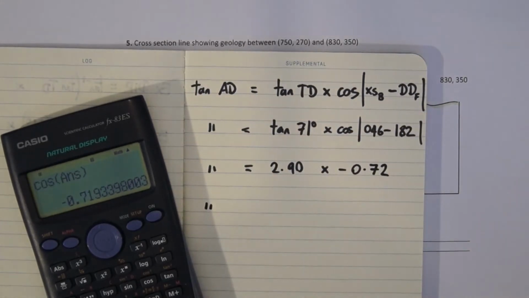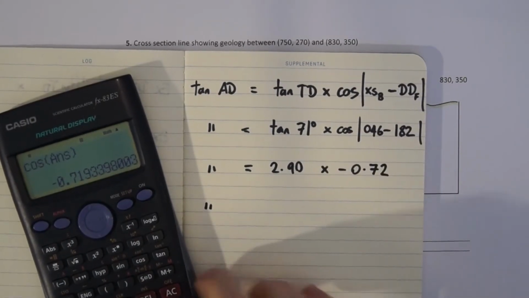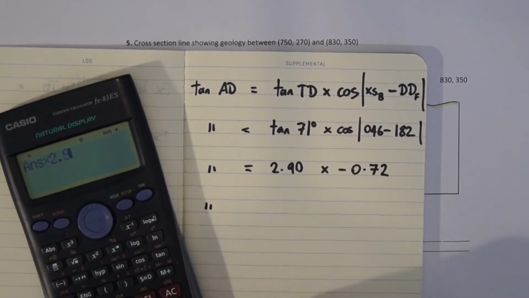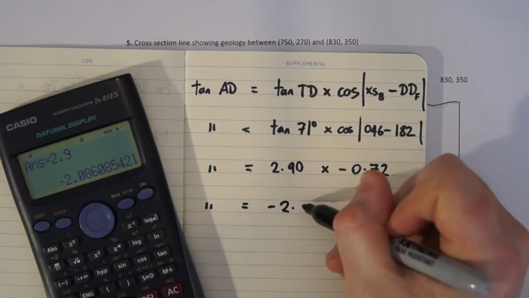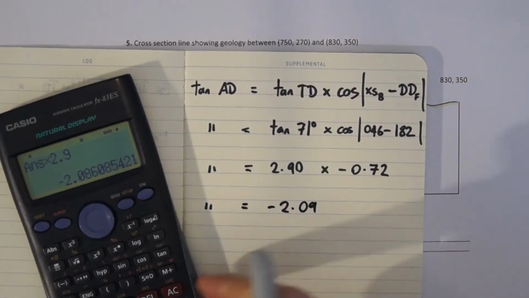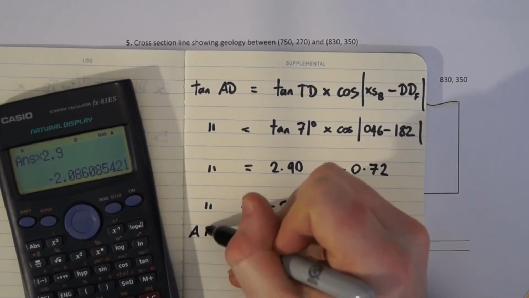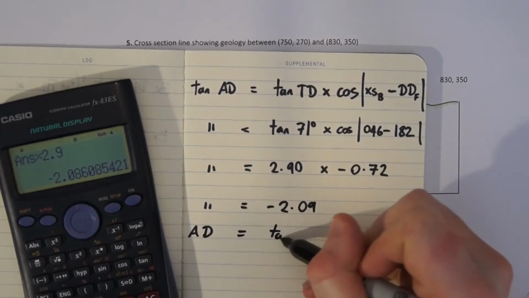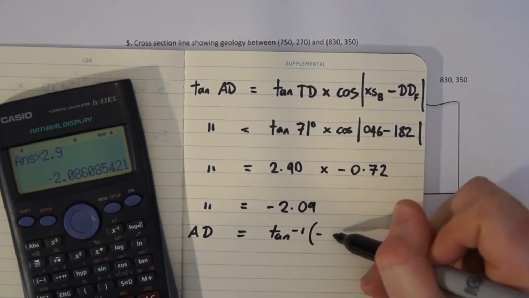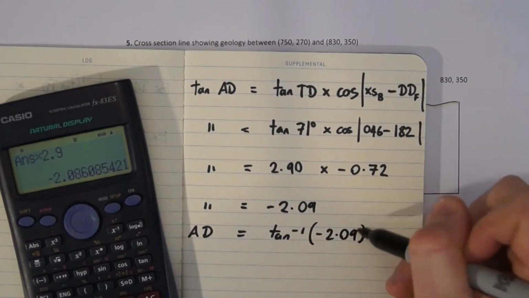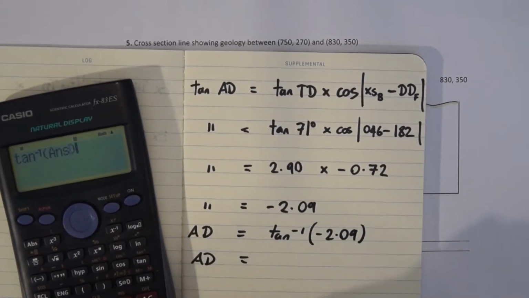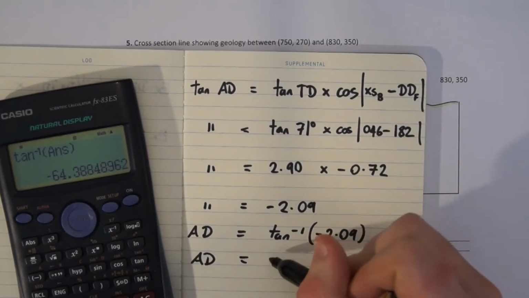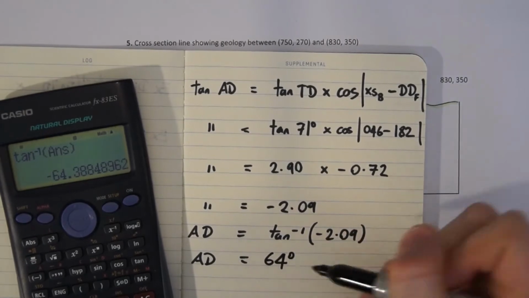Then if we simplify down further, negative 0.72 multiplied by 2.9 gives us minus 2.09. And then we can calculate the apparent dip by taking the inverse tangent of that answer to give us an angle of 64 degrees.